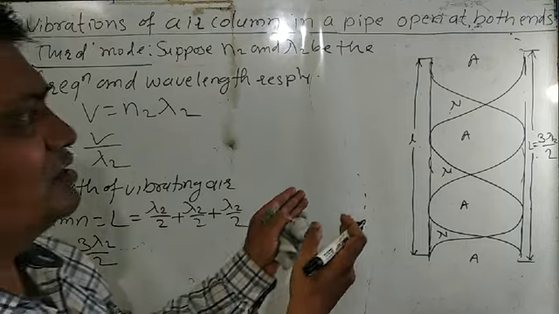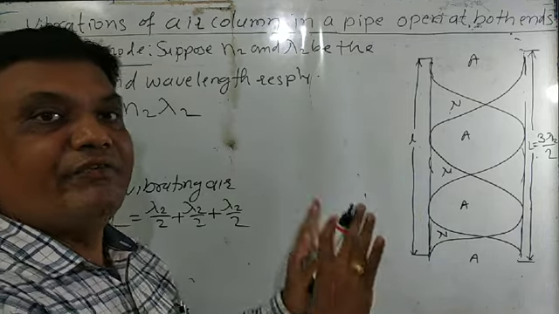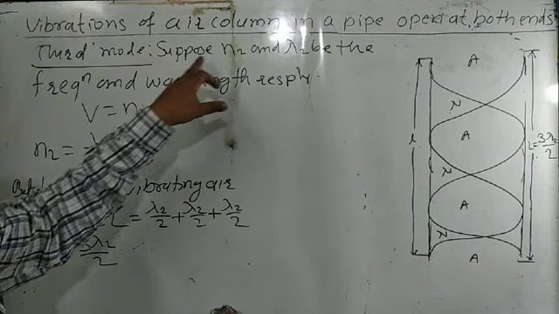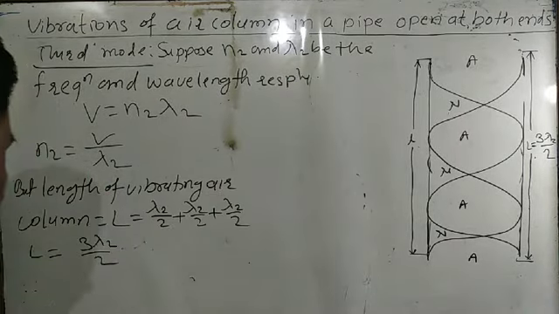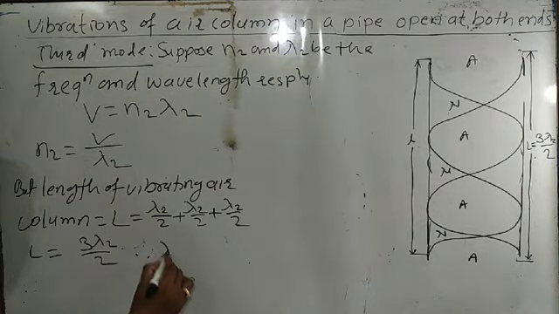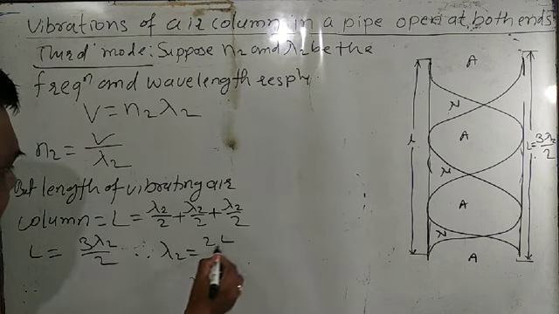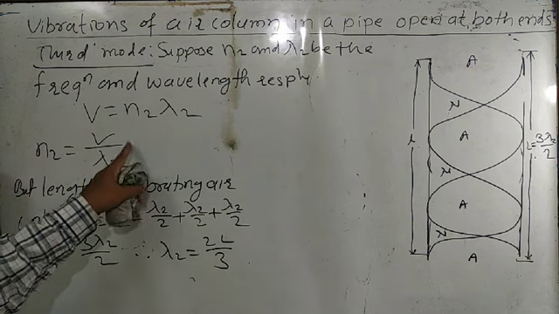Because the same length of air column vibrates in different modes, there is a change in frequency and wavelength. So we have considered that in this mode of vibration n2 is the frequency and lambda 2 is the wavelength. Therefore, here lambda 2 equal to wavelength equal to twice L by 3. Now put this value in this equation.